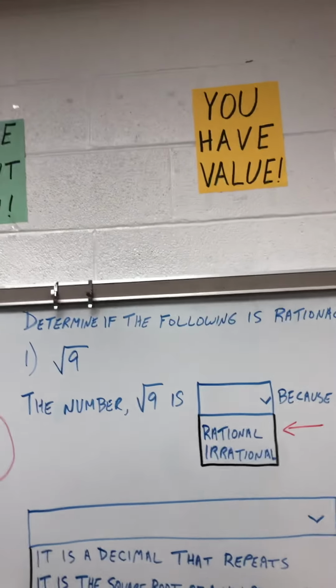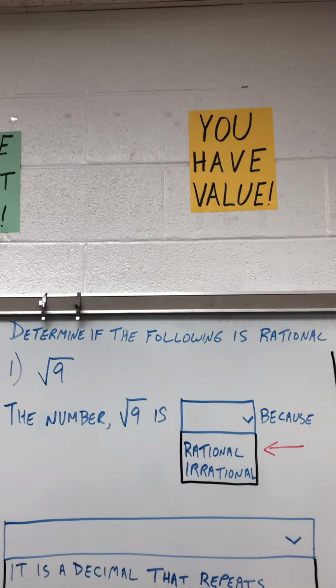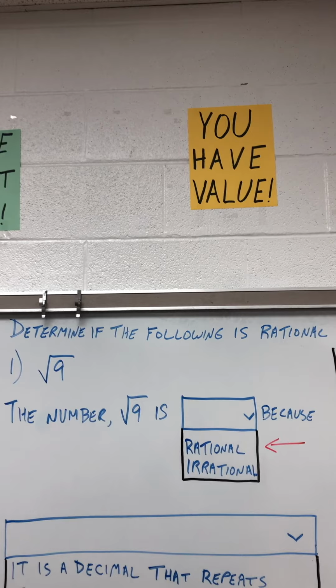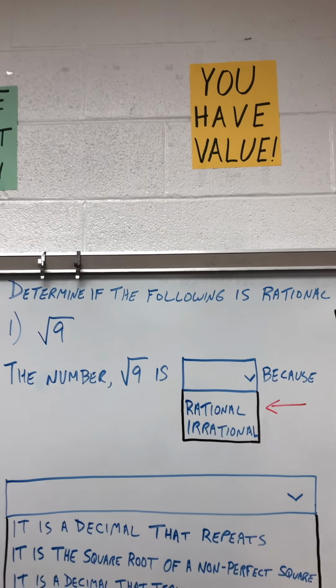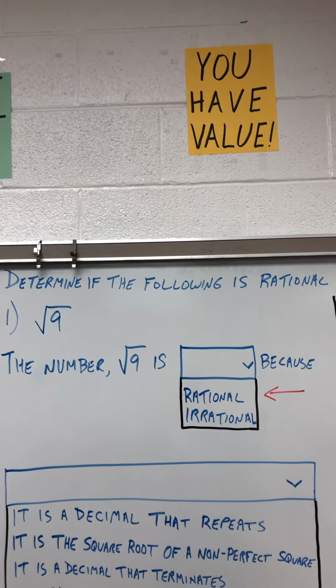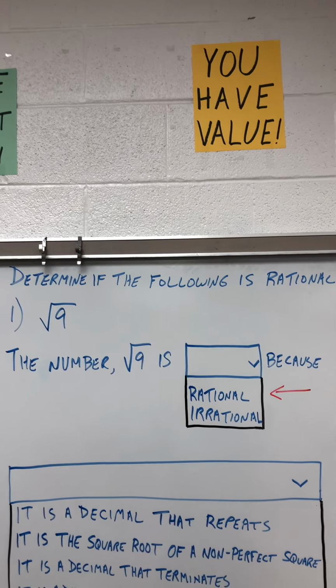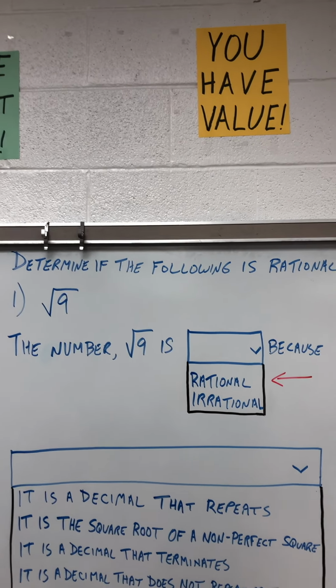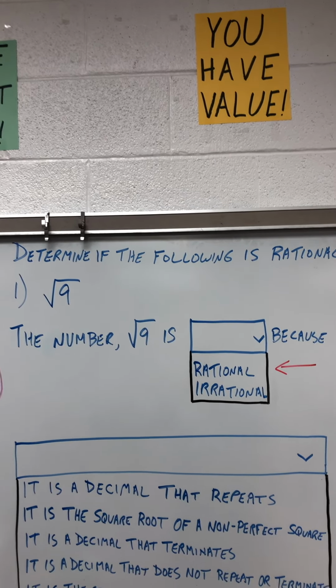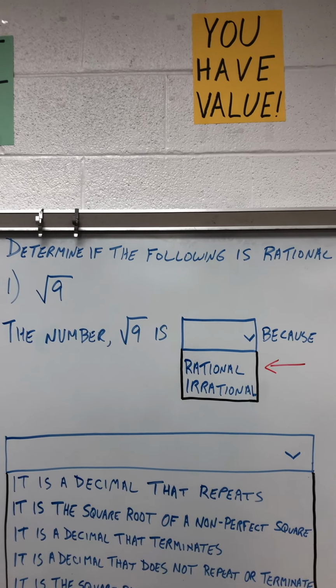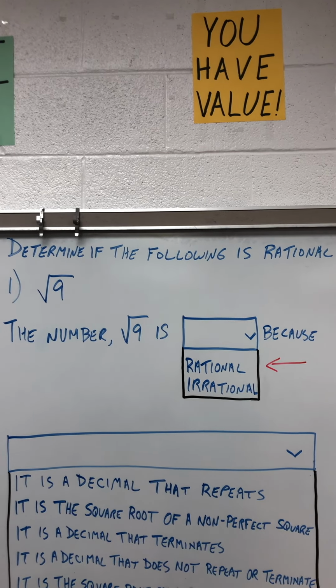The choices are, it is a decimal that repeats. Well, that's not the case here. It is the square root of a non-perfect square. No. It is a decimal that terminates. No. It is a decimal that does not repeat or terminate.